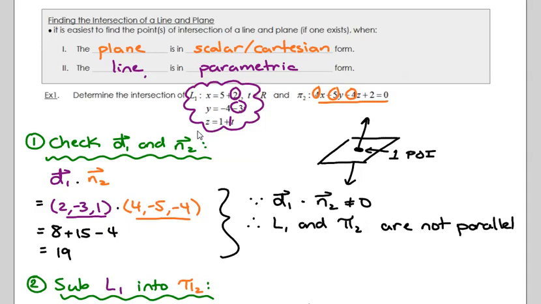Okay, now the thing is, we can't just stop there. You wouldn't get that many marks on a test if you said, okay, 1 point of intersection, and you're done. You want to know what that point of intersection is. If we've ever found a point of intersection between, say, two lines before, like grade 10 stuff, we did substitution or elimination, right?